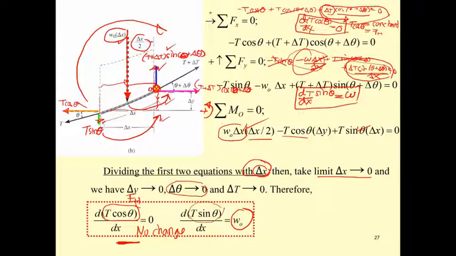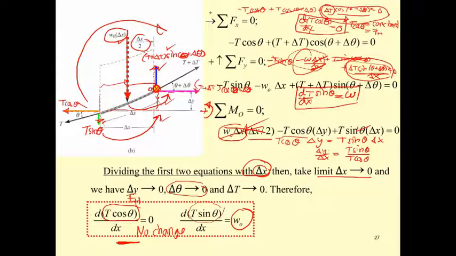Okay, the last one. Since this delta x and delta x is very small, when they are multiplied together, this can be eliminated. And then you may write this one as T cos theta delta y equal to T sine theta delta x. Okay, and then you do it again, it's going to be delta y by delta x equal to T sine theta by T cosine theta.